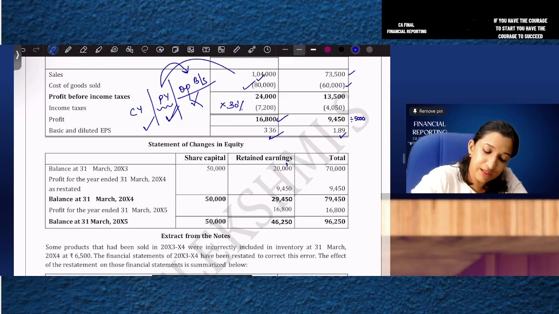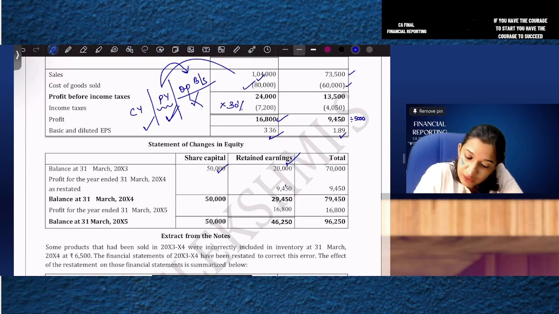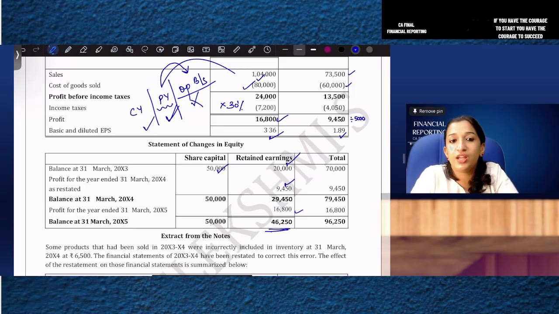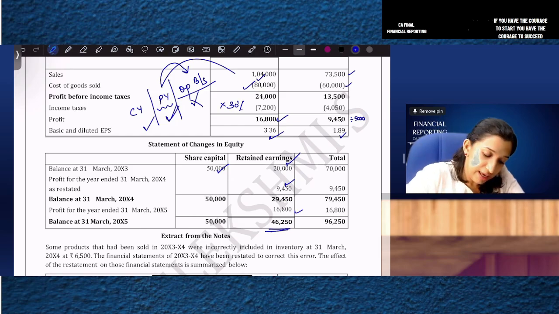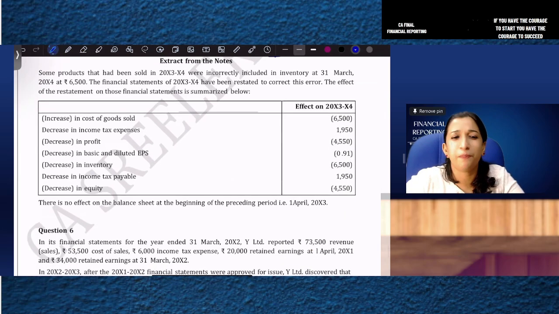So previous year 20,000, share capital 50,000, last year 9,000. So opening 20,000, previous year 9,450, then current year 16,800. Share capital no change. Extracts will show the impact.